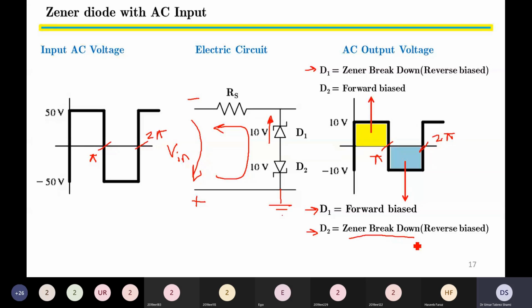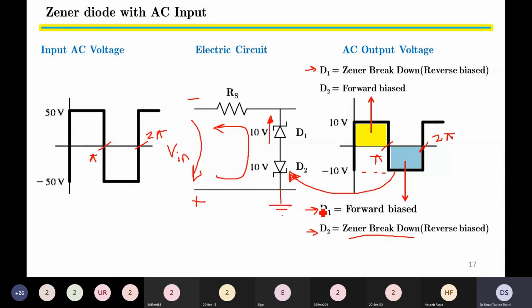Therefore, the output voltage from time pi to 2 pi is minus 10 volts. And this minus 10 volt is contributed by Zener diode D2 alone.